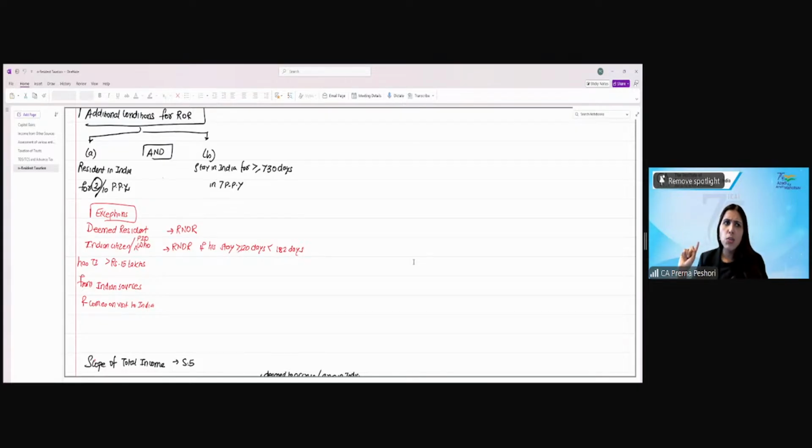Now, you should ask me a question, ma'am. If a deemed resident is always RNOR, listen to this very carefully. If a deemed resident is always RNOR, what is the purpose of calling him deemed resident? Because even if he was NR, let's say, he was not a deemed resident.